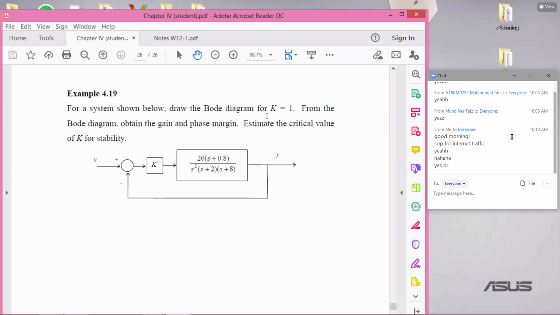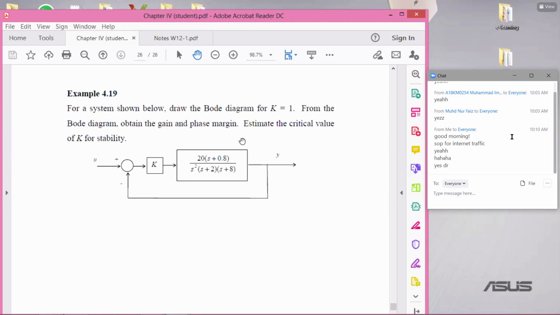Draw the diagram for K equal to 1, determine the phase margin and gain margin, and estimate the critical value of K for stability. All you do here is change the name Nyquist to Bode diagram. That is why I jump straight ahead to 419, because your memory is still fresh.